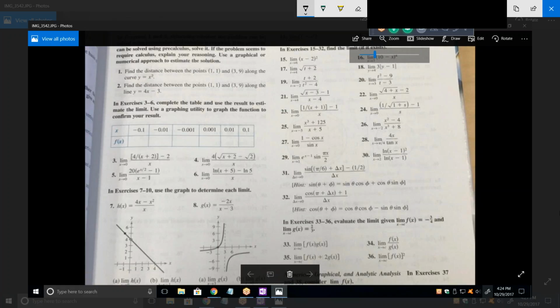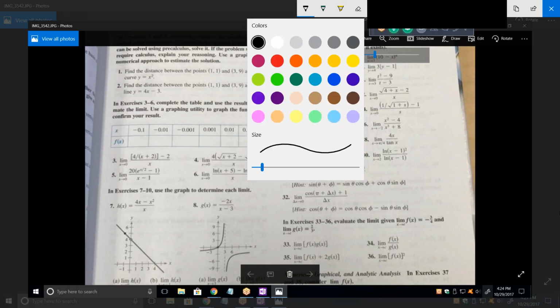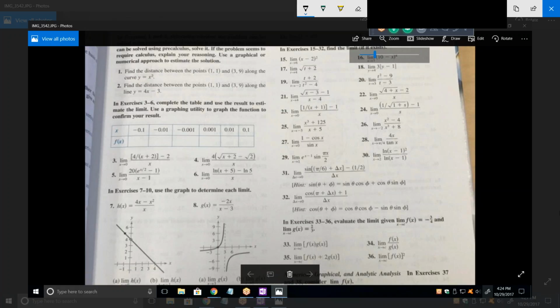When you see a radical sign, like 21, there's another technique, and you should think of it whenever you see a radical sign. What you want to do is multiply the top and the bottom by the conjugate of whichever, either the numerator or denominator, has the radical sign in it.